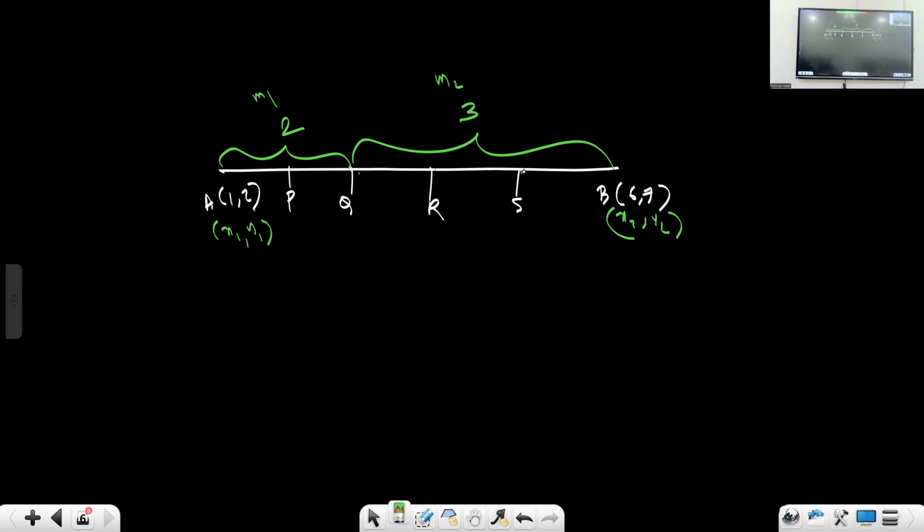Let P, Q, R and S divide AB into 5 equal parts.